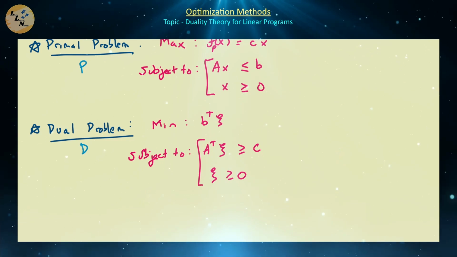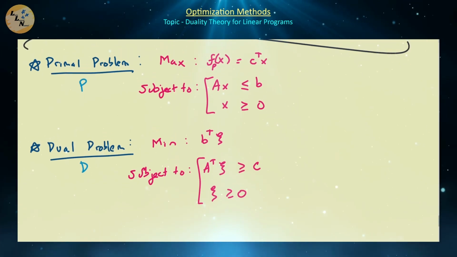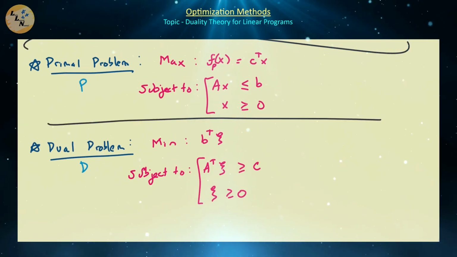Okay, now notice that I'm using b, c, and a in both of these problems, and that is the same exact c, same exact b, and same exact a. The only difference is I have primal variables represented by x and dual variables represented by psi.